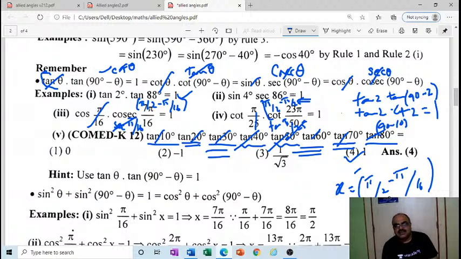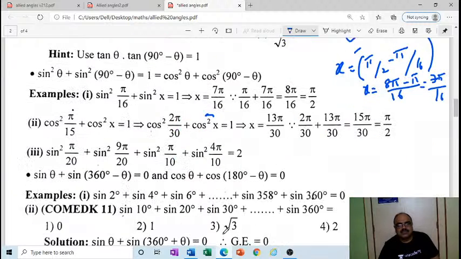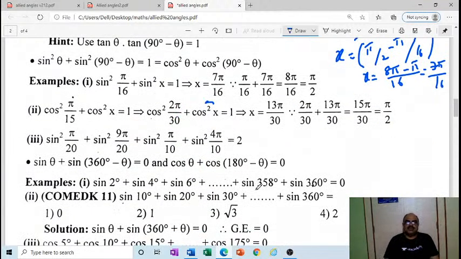X equals 8 pi minus pi by 16, which is 7 pi by 16. X equal to 7 pi by 16. Take this value and put it over there. So x is equal to 7 pi by 16.